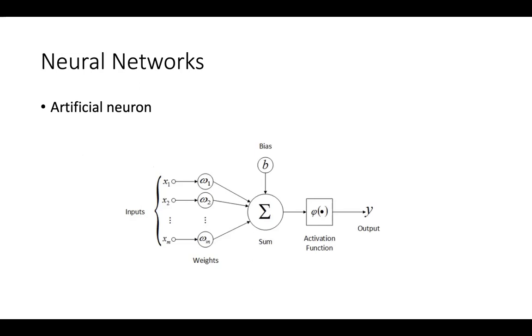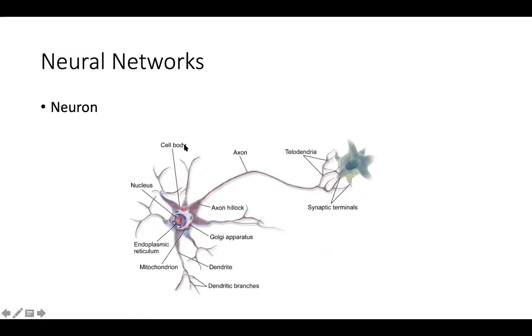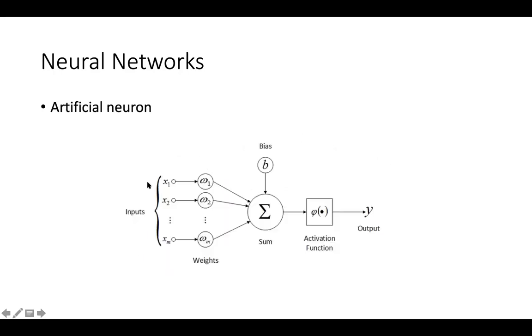In the neuron, there are a lot of things coming in and then firing the output. Those inputs are different features: x1, x2, up to xm, so there are m features, and each feature has a weight associated with it.